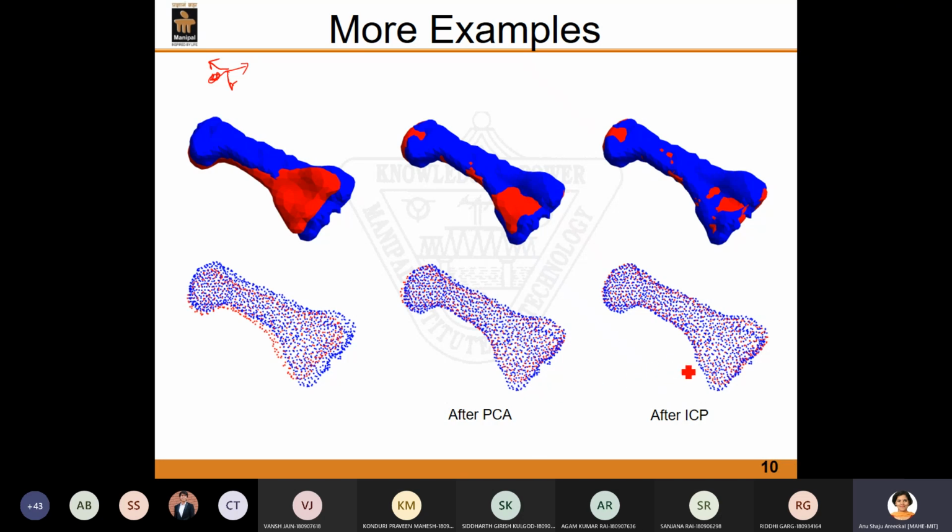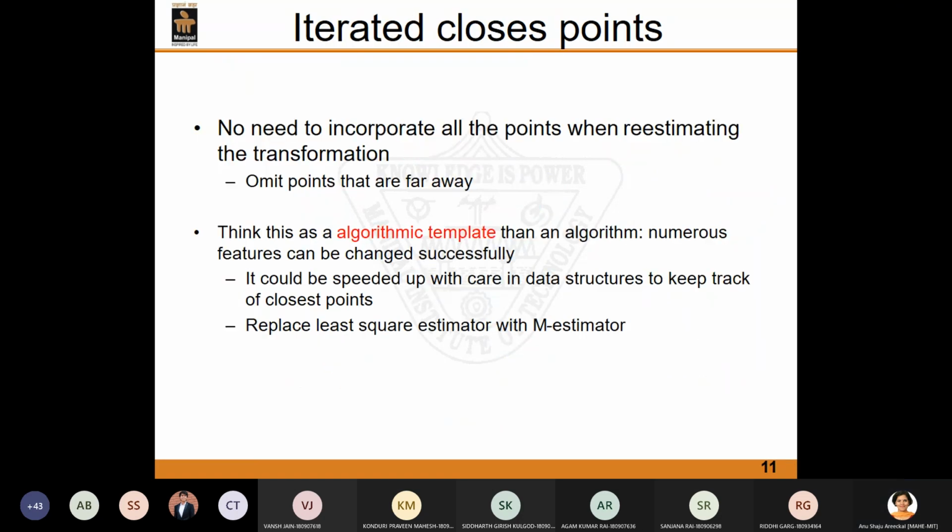And then after different iterations, it has somehow tried to align with each other. This is an example of a femur bone represented in the form of a 3D point cloud. So that is basically how ICP works.